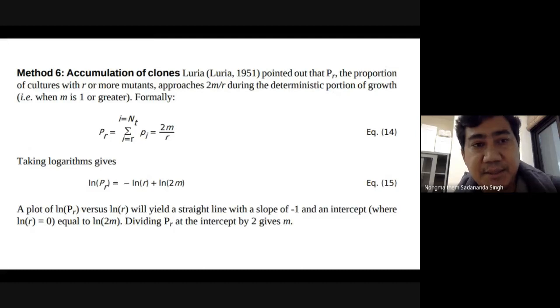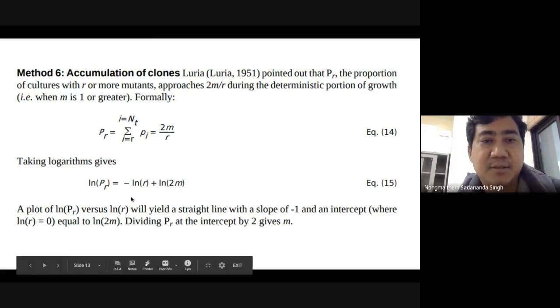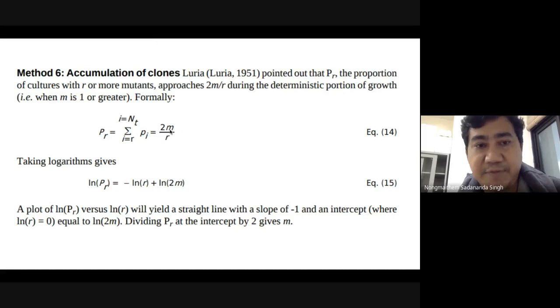For example, another method which is being used by other people is the accumulation of clones method. In that case, the calculation of m is pretty much different from the P0 method. But I would not like you to focus on this method for the time being.